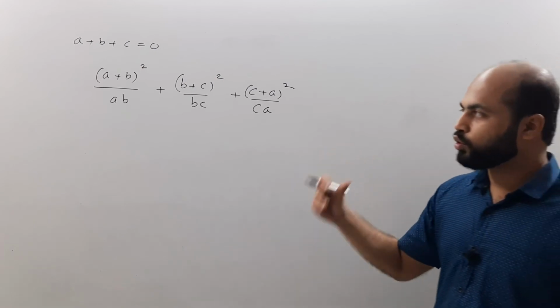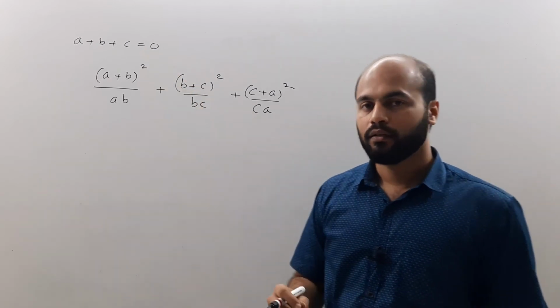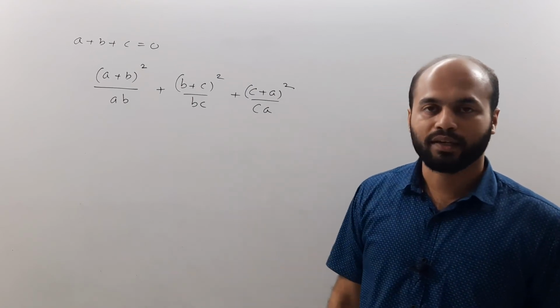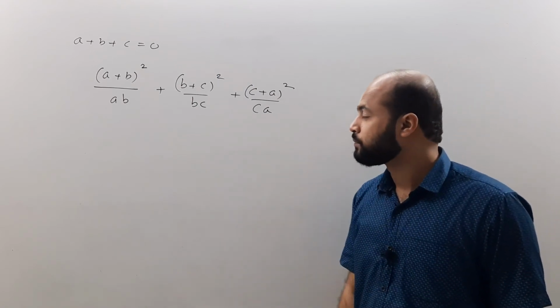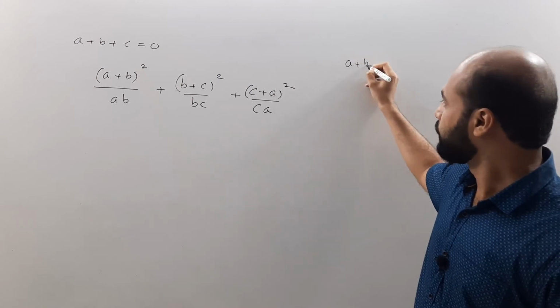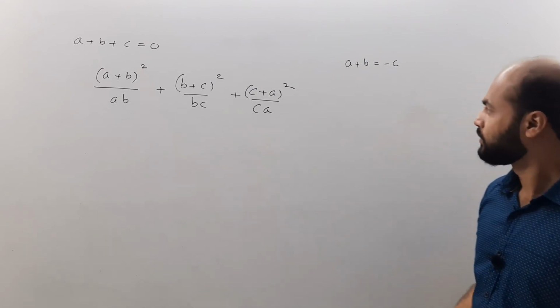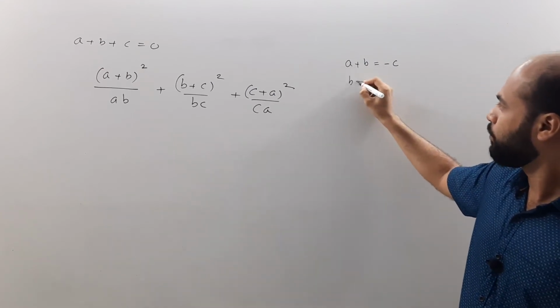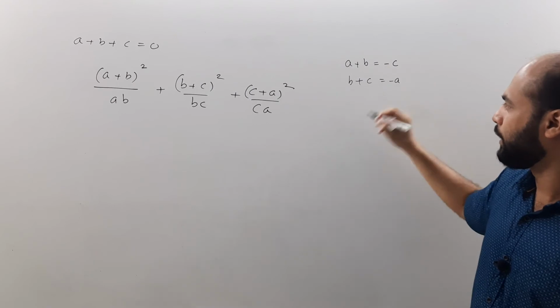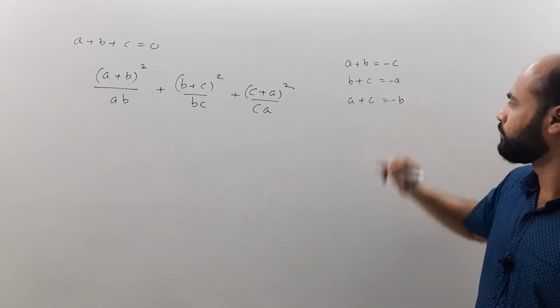So what I am going to do now is use this data and substitute it in the given expression and find the answer. We know that a plus b could be written as minus c. Similarly, we can write b plus c as minus a, and the last one, a plus c, is minus b.